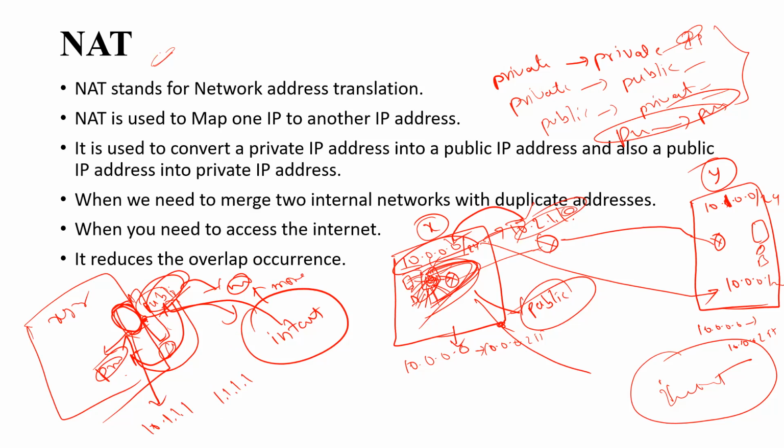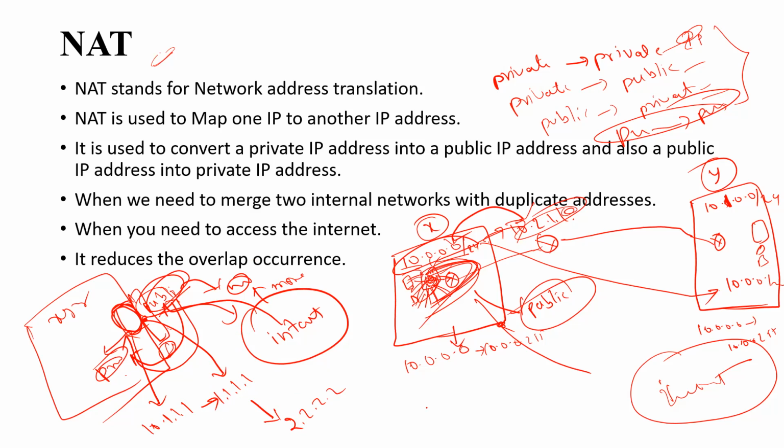And this is assigned with a public IP address. So sometimes if you don't want to showcase this public IP address, then you can map this public IP address to some other IP address also. So here dual NAT is happening. One is private to public and the other is public to public.